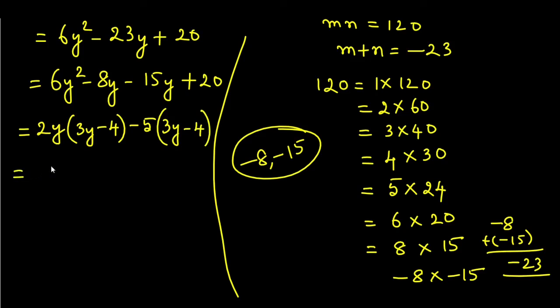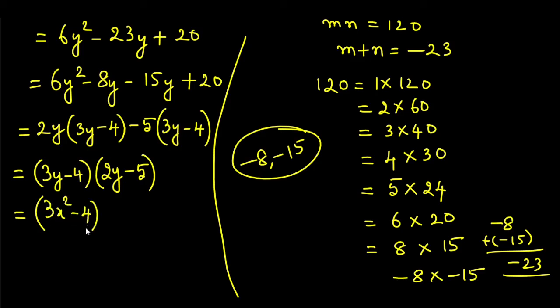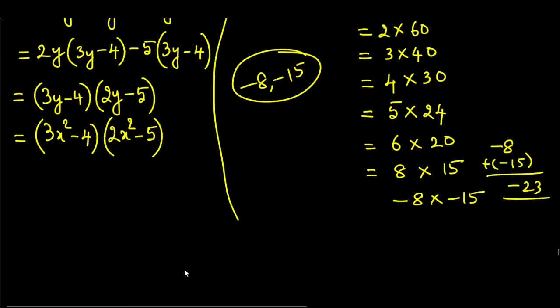Now writing 3y minus 4 as a common factor, we get 3y minus 4 into 2y from here and minus 5 from here. 2y minus 5. Now substitute y value, 3x square minus 4 into 2x square minus 5. See you in next video.